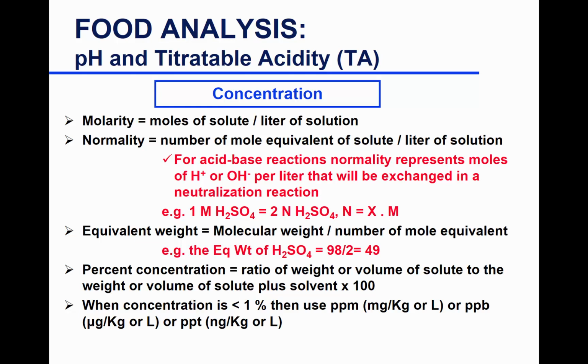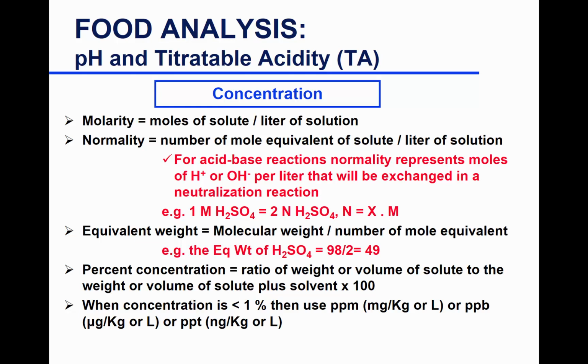So 1 molar H2SO4 has 2 hydrogens. So the number of mole equivalents is 2 because it can exchange 2 hydrogens. So 1 molar equals 2 normal, because normality equals number of mole equivalents times molarity.